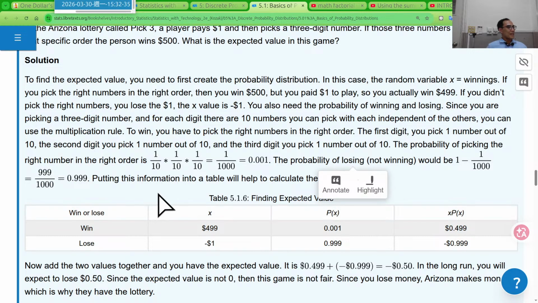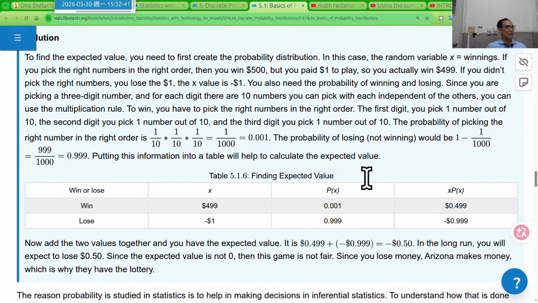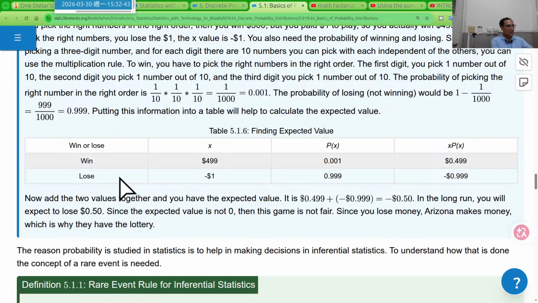Then putting this information in a table will help to calculate the expected value. Win or lose. Win $499, lose minus $1, probability 0.001, probability 0.999.